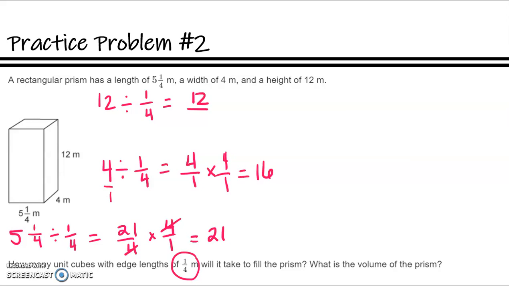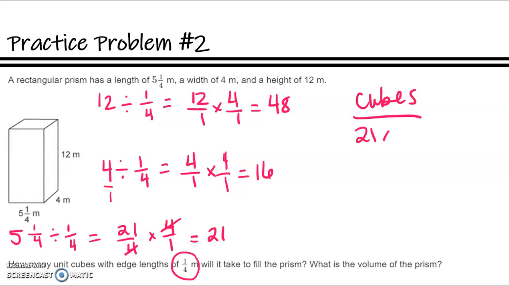And this will change to 12/1 times 4/1, and that is 48. So in order to figure out how many cubes, I'm going to take 21 on the bottom times 16 times 48. And because of our time, I'm going to do this off to the side.